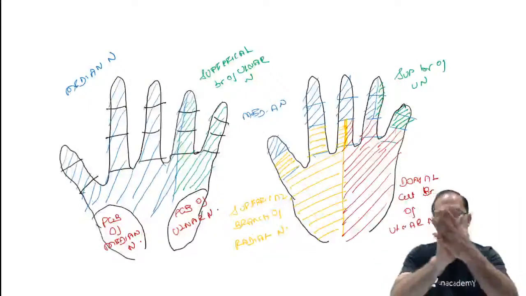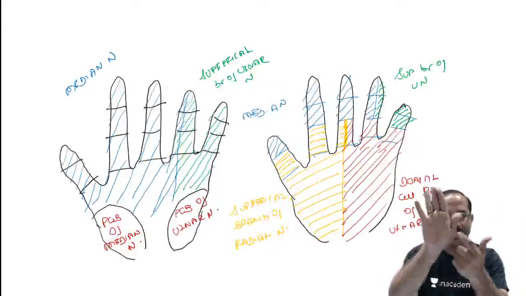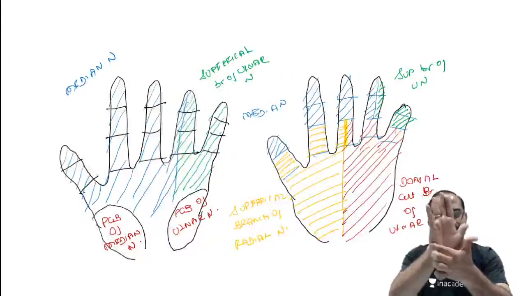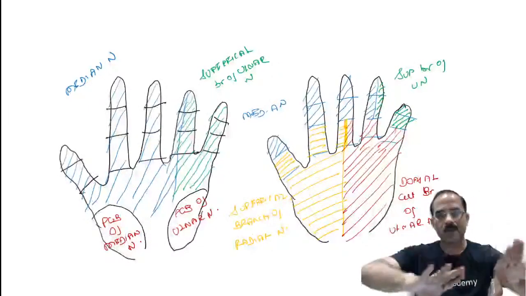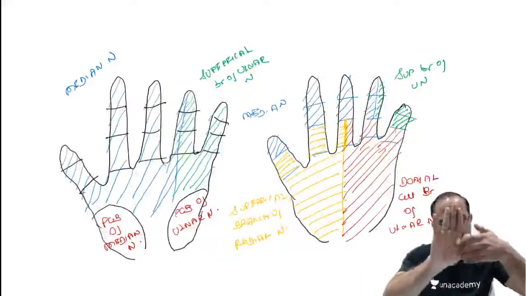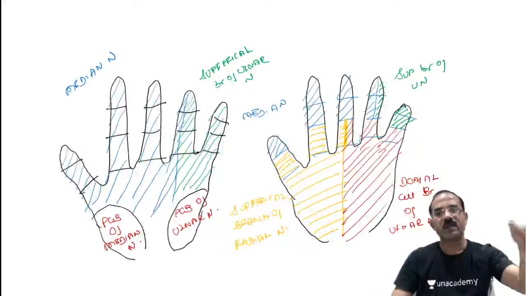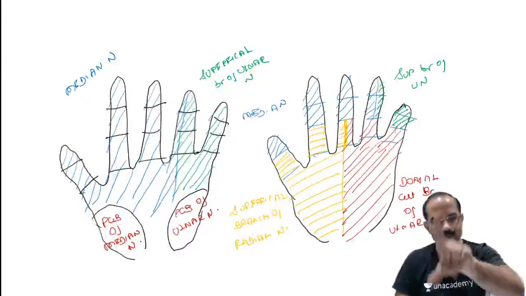Just once again, quickly. Palmar aspect: the skin over the thenar eminence is supplied by the palmar cutaneous branch of median nerve. The skin over the hypothenar eminence is supplied by the palmar cutaneous branch of ulnar nerve. 3.5 fingers here, median nerve. 1.5 fingers here, superficial branch of ulnar nerve.